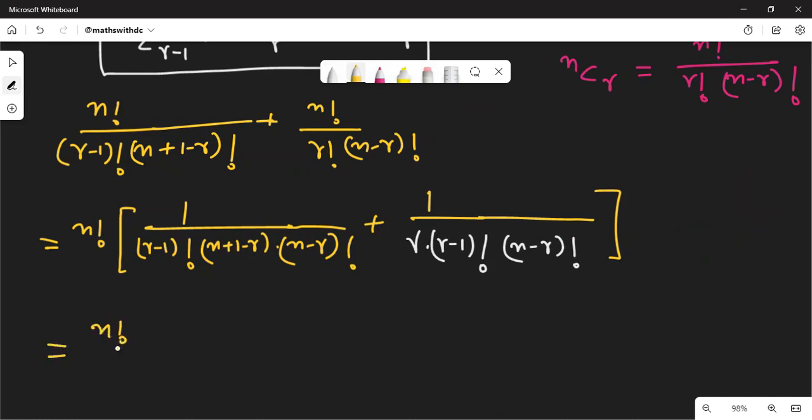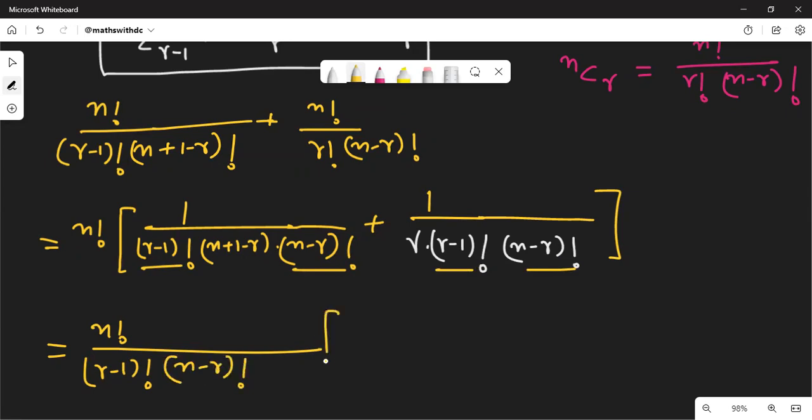n factorial is common. In the denominator, you see (r minus 1) factorial and (n minus r) factorial. That's common everywhere. So we can take that common. So (r minus 1) factorial, and (n minus r) factorial is outside.